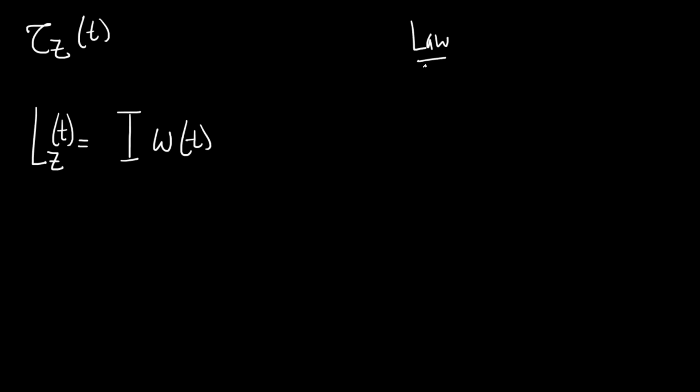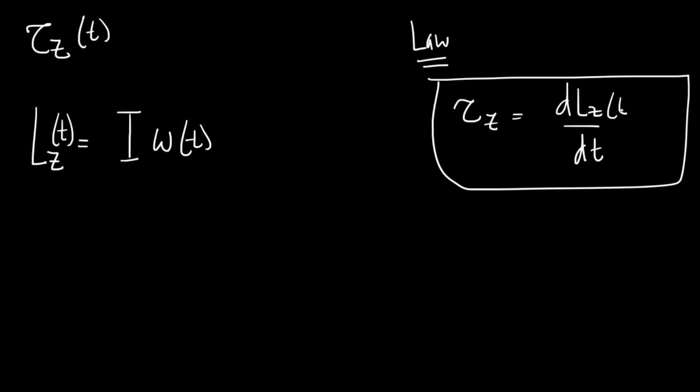Now I'll appeal to my law, because that's the only thing I have, and it'll turn out to be enough. The law happens to be that tau z is equal to dLz by dt. The law says that this is always true at any instant of time.